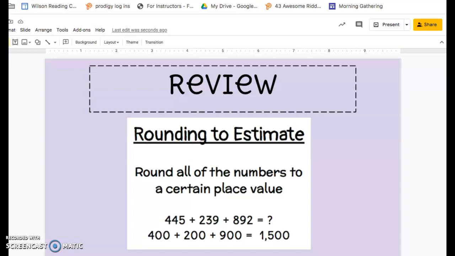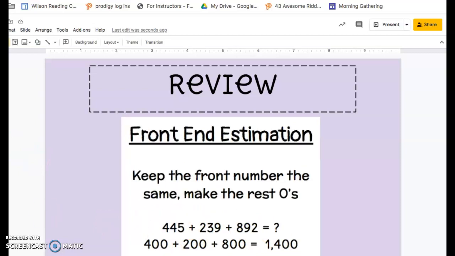So let's review some of our rounding estimation strategies we've learned this week. When rounding to estimate, one strategy we learned was rounding all of the numbers to a certain place value, as shown here. We also learned a strategy called front-end estimation, which keeps the number in the front and estimates the rest. This is really great when you're using really quick estimation to find a fast answer, but it's not always the most accurate way to estimate our numbers.